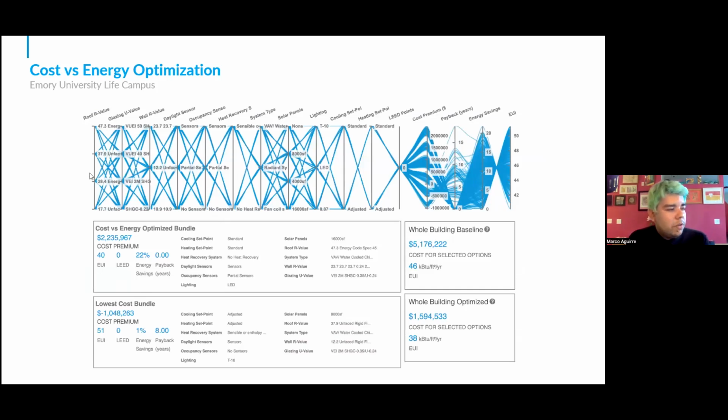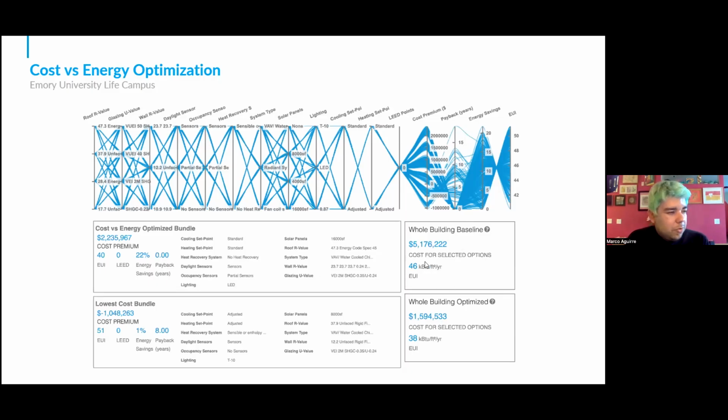You can see this top graph. It's a parallel coordinates graph where we list out every possible option that we want to look through. COTE runs every energy model with every combination and then generates the bundles that are going to be the top performing options. We had a baseline cost of 5 million. That's just the initial purchase of some of the building materials.